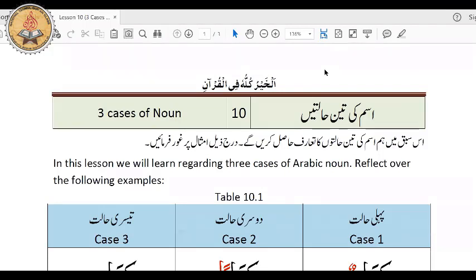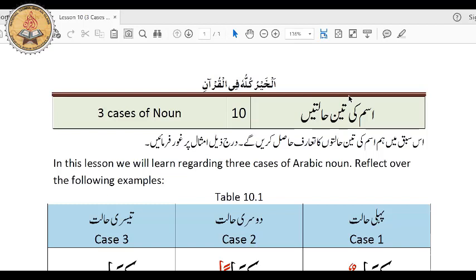In adhan we say ashhadu anna Muhammadan, and there are 2 fathatain. And in Durud Sharif, in Salat ala Nabi, we say Allahumma salli ala Muhammadin. The same personality, the same great prophet, the same beautiful name, but 3 case endings.